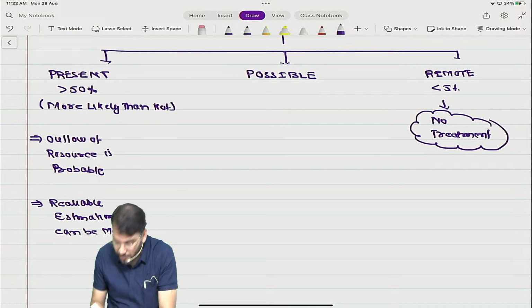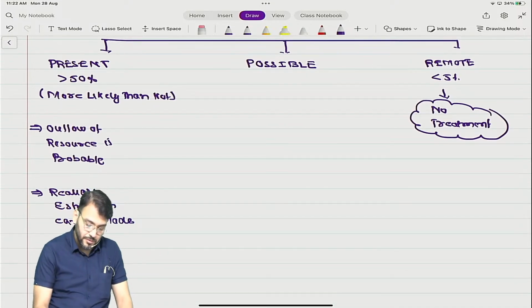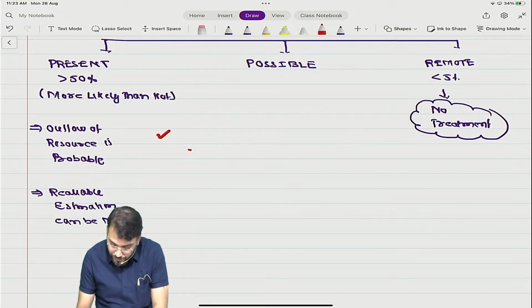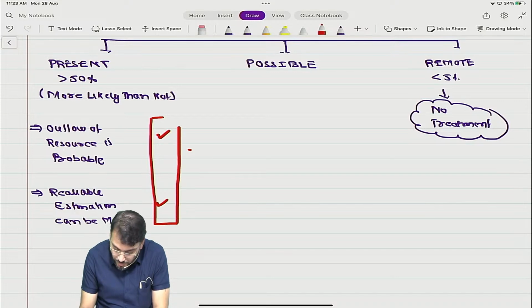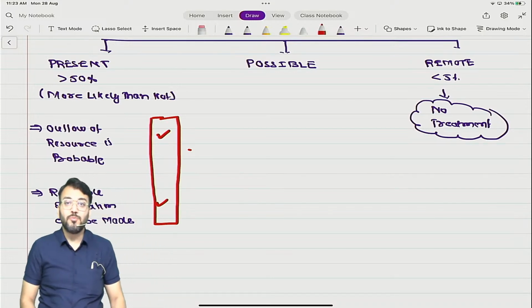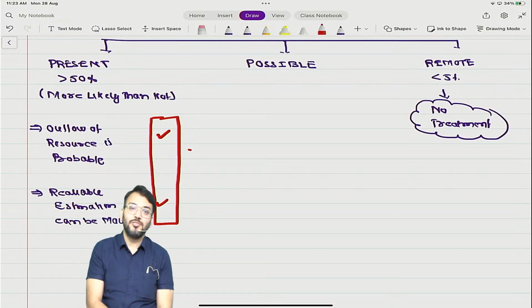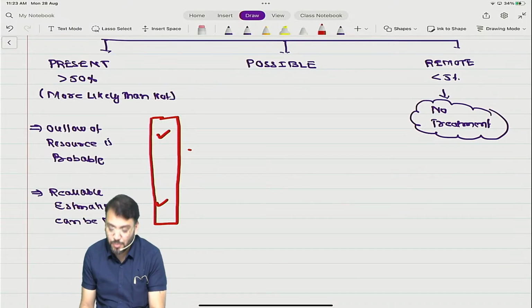Now? Yes, sir. Correct, sir. So can I say if these two conditions are satisfied with present obligation, then what? Recognize provision. Then recognize provision.